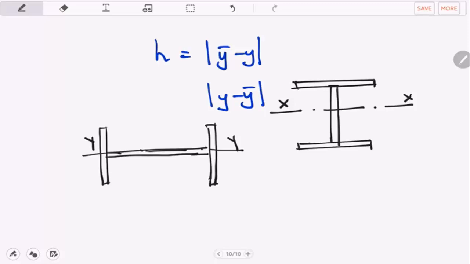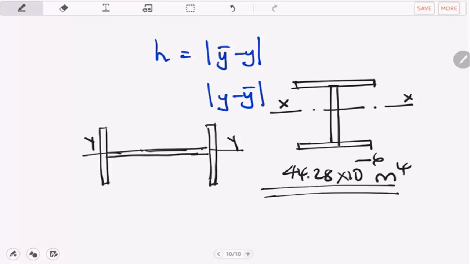Let's look for the second moment of area about the x-axis for a 254 146 by 33.1. I'm getting a value of 44.28 times 10 to the power minus 6 meters to the power 4.